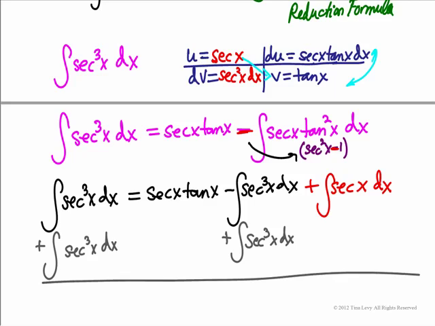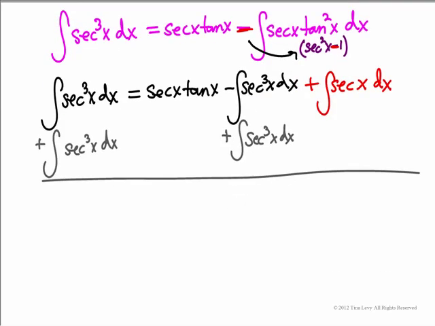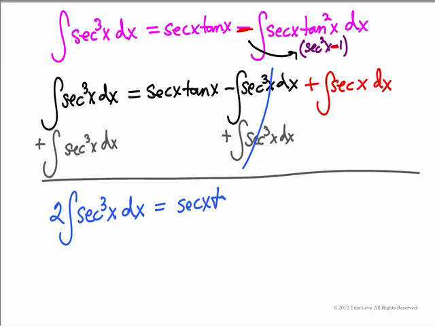In doing that, we've got 2 times the integral of secant cubed x dx is secant x tangent x, not minus, but plus the integral of secant x dx. And this last integral here, we have to memorize what that answer is.